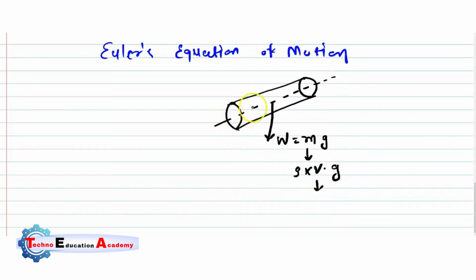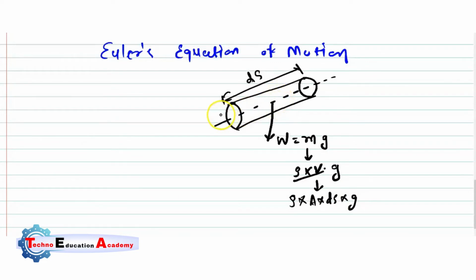This is the length of the element, ds. So volume is area into ds, where ds is the length of our fluid element.